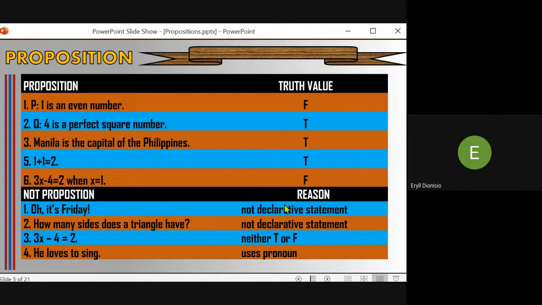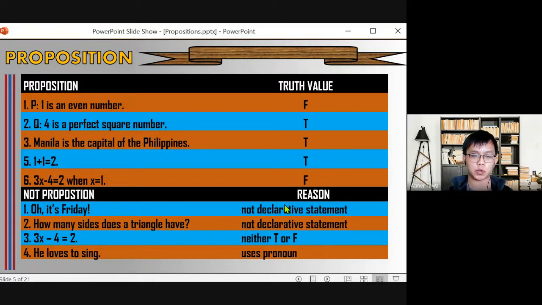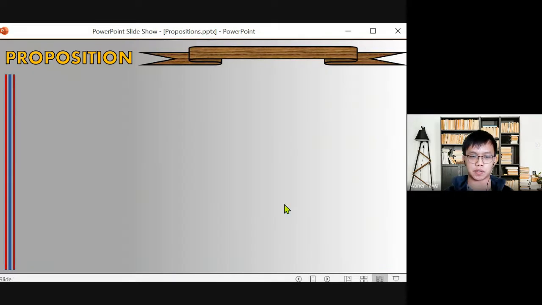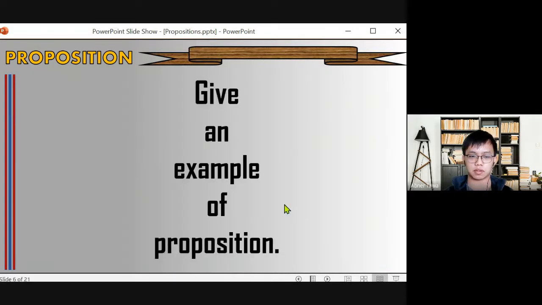None, sir. Okay, so now I want you to give your own examples of propositions. Can you give me one example of a proposition? Sinong gusto magbigay ng example? Let's have Kenneth.